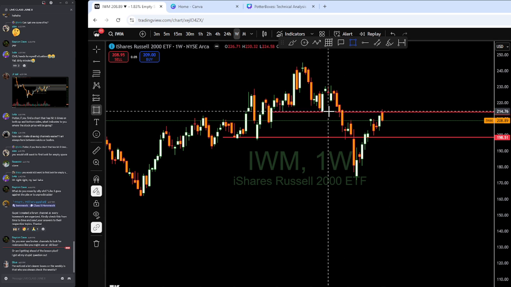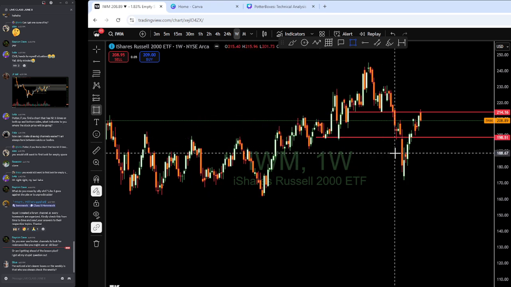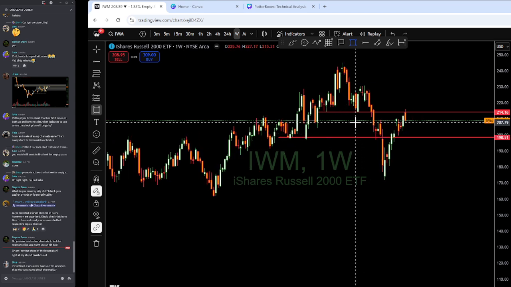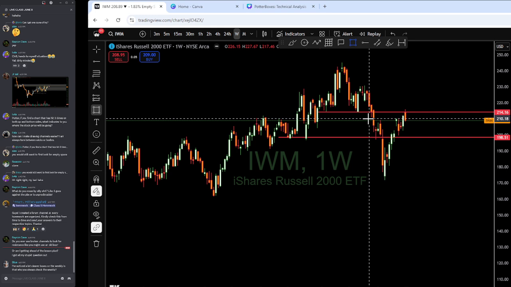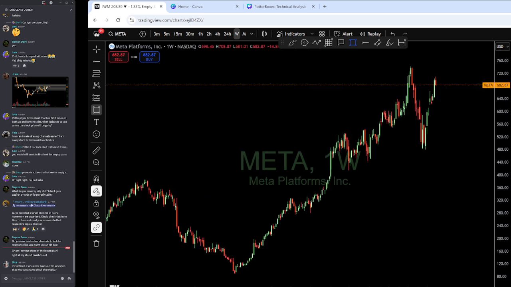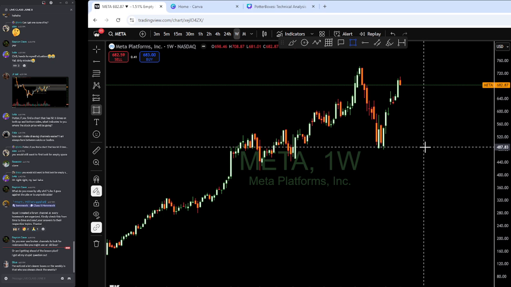And the tops and the bottoms of weekly candles are so very powerful. It takes convincing price action to make them move. So yes, in terms of finding levels, the weekly is going to be the most impactful and strong.